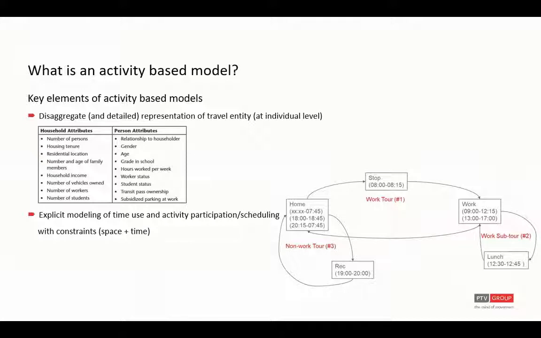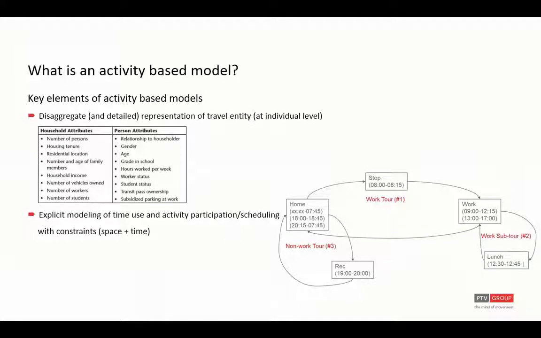So that's the basics of an activity-based model. And also the second part over here, the activity participation and scheduling with constraints, that is typically the most complicated or tricky part in solving an activity-based model, because there are a lot of things over there that don't necessarily have statistical validity and so forth, or get overridden and such.